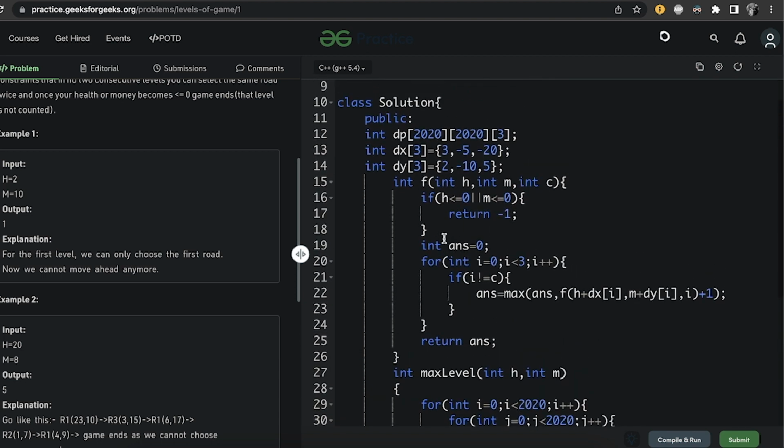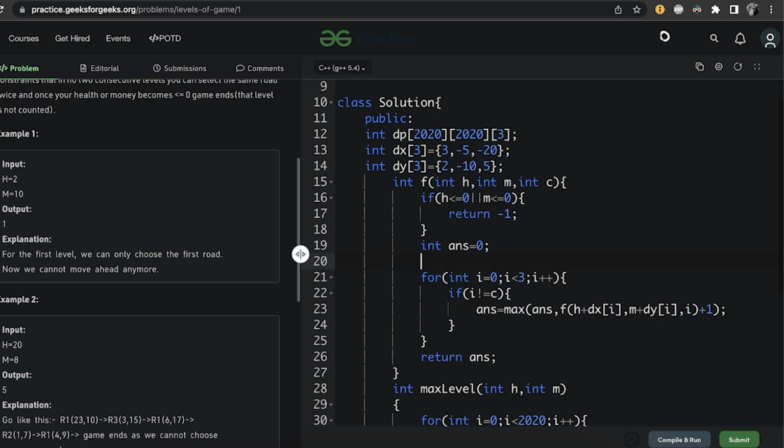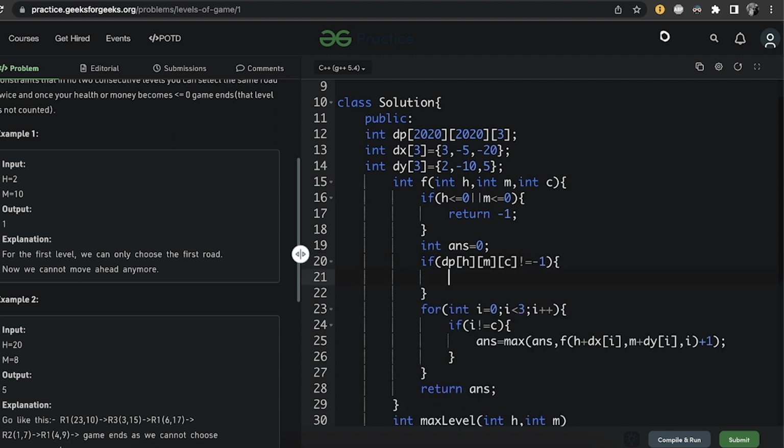Now after the base case, before the calculation, we would first check if the value is already stored or not. So we would simply say dp of h, m and c.